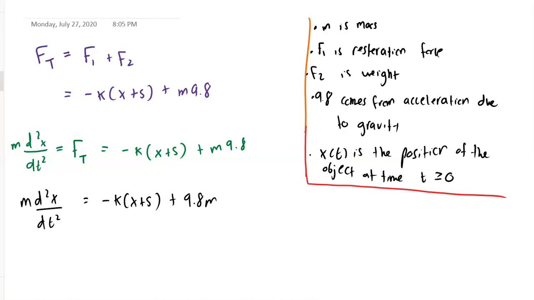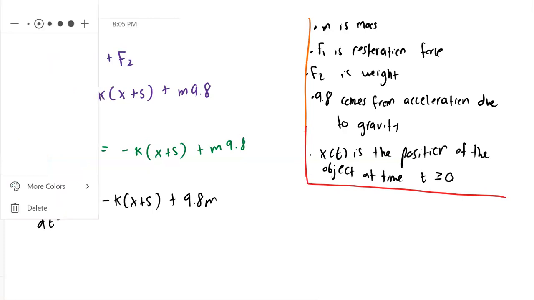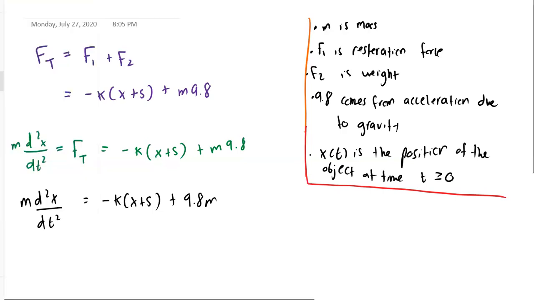Okay. Now, this is already a differential equation, right? Because we have the derivative, or x double prime on one side, and then x on the other side, and then some constants. However, I can simplify this even more. How am I going to do this? Let me expand some things. So let me again write this.